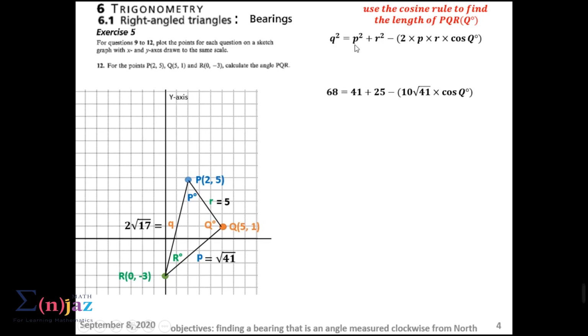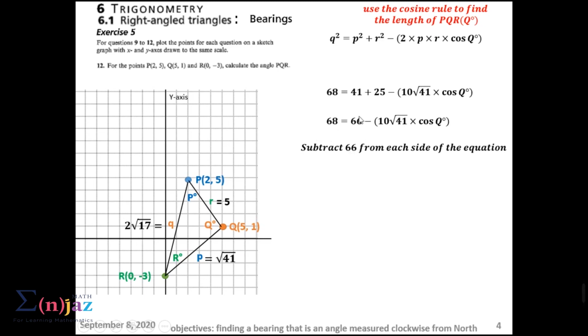Then P squared is 41, since P is square root of 41, and R squared is 5 to the power of 2, which is 25. Then 2 times P times R is 2 times square root of 41 times 5, which is 10 square root of 41 times cosine Q. If you simplify 41 plus 25, it's 66 minus, in brackets, 10 square root of 41 times cosine Q.